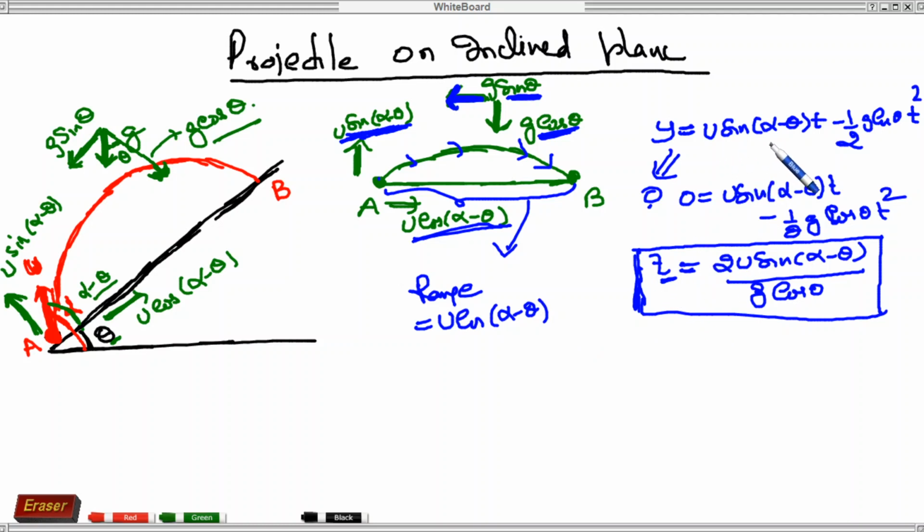So we will use this equation: this time minus half g sin theta t square.